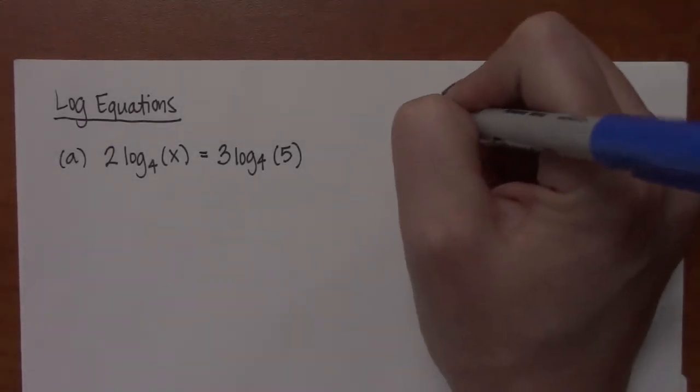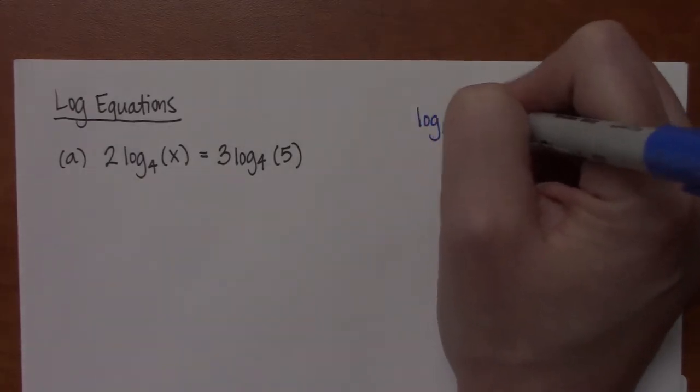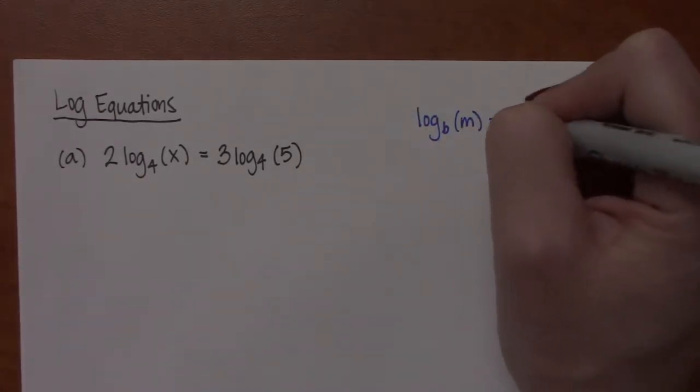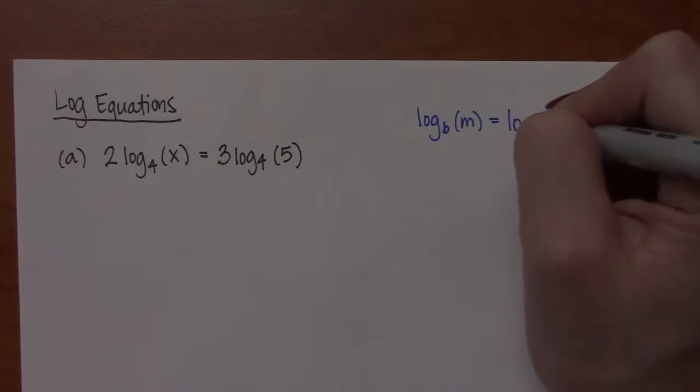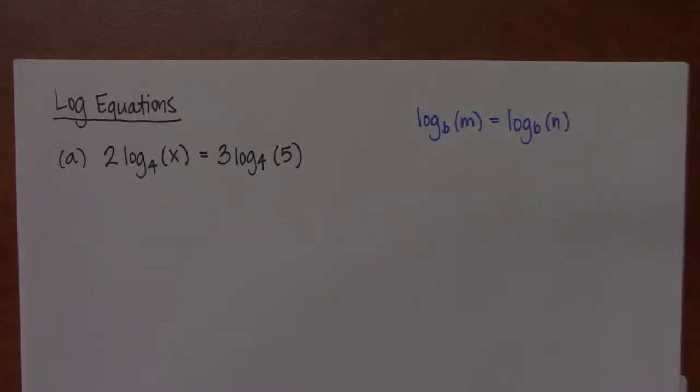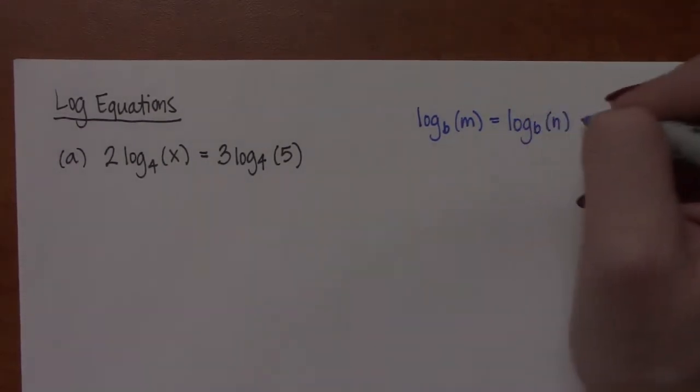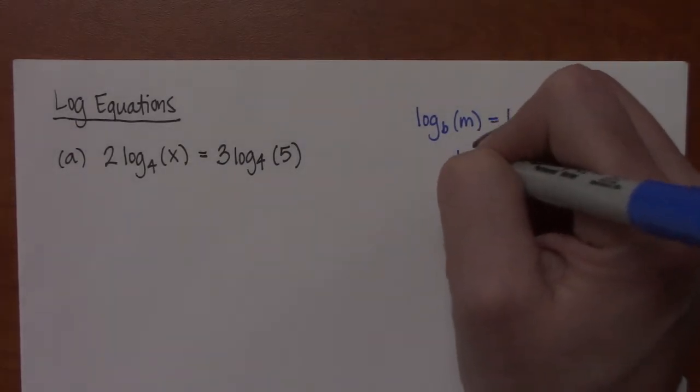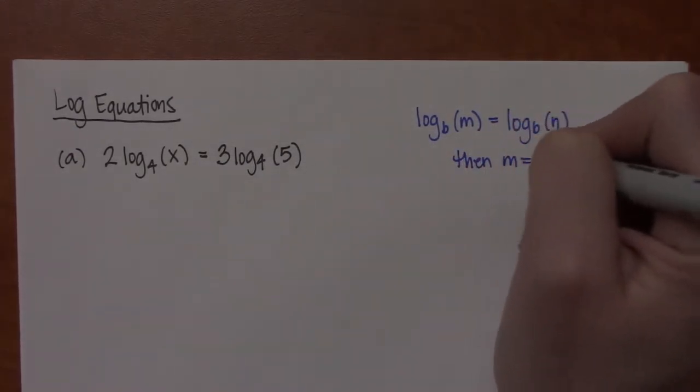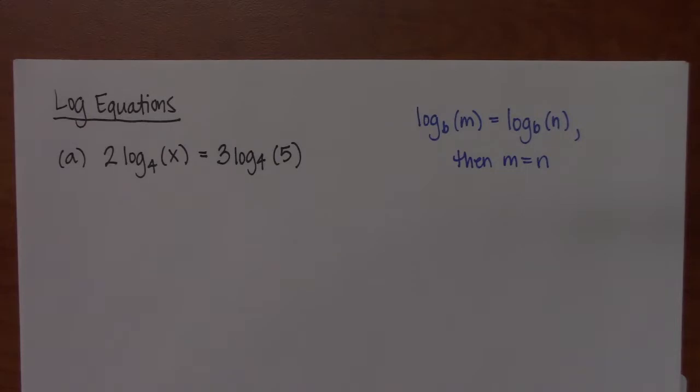If you have log base b of some expression m, and that equals log base b of some expression n, then m must equal n. So if it's log with the same base of different expressions, then those two things have to be equivalent, or else they're not going to be equal to each other. So that's a handy tool that we can try to use wherever we want.